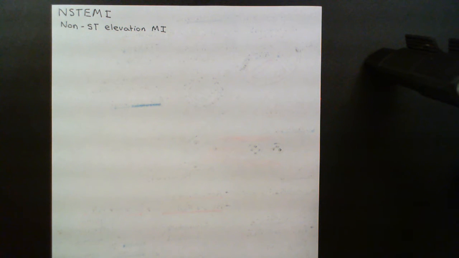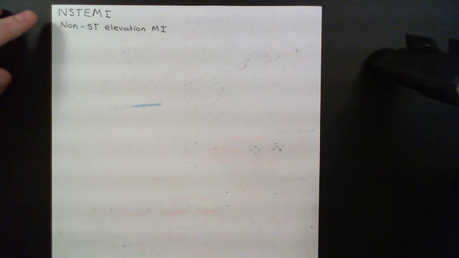So when you look at the ECG for someone suffering from an NSTEMI, a subendocardial myocardial infarction, and indeed these two terms can be used interchangeably, NSTEMI or non-ST elevation myocardial infarction or subendocardial myocardial infarction, from now on they all mean exactly the same thing. When you look at the ECG for someone suffering from one of these, it isn't as abnormal as for the case of a transmural myocardial infarction.